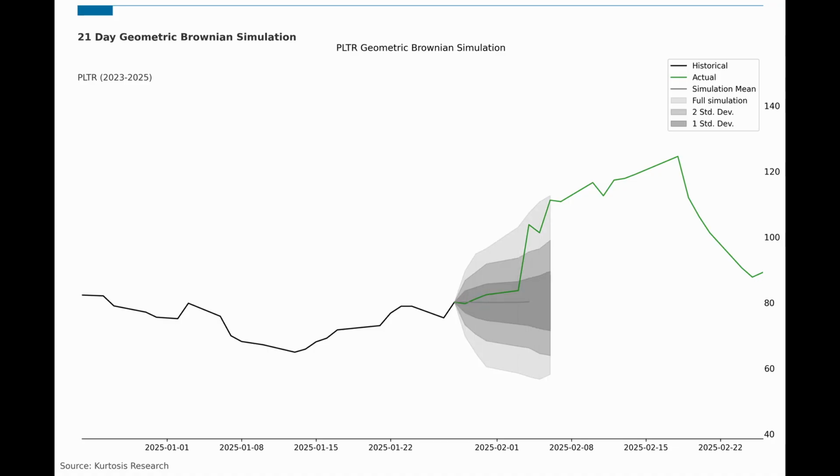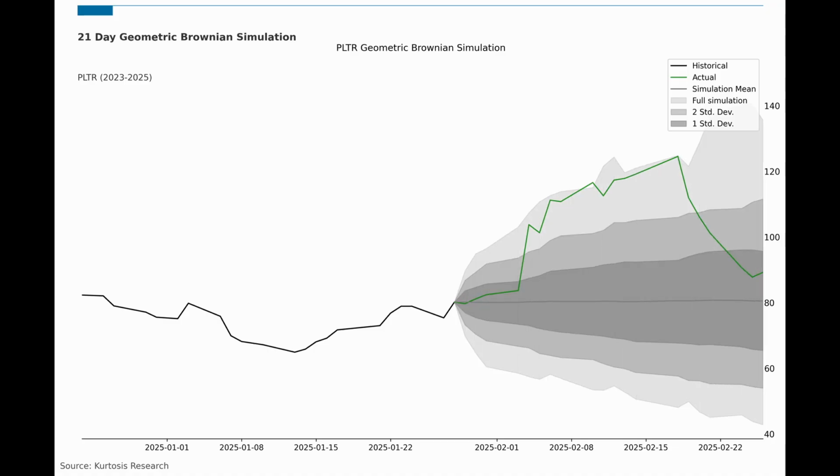Right, and then if we look at the first and second standard deviation away from these 1,000 simulations, the bulk of the simulations thought that the price was going to stay kind of level. Another standard deviation away thought there's a little up and down wiggle room, and then we're out in the very edges where our simulation did catch what's going on here, but this is more than 2 standard deviations out.